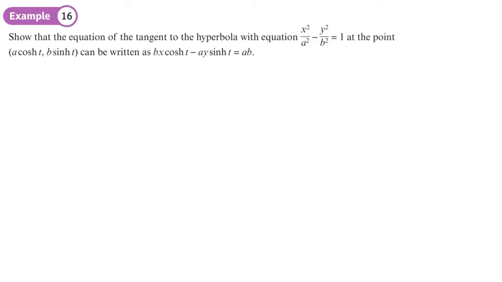Show that the equation of the tangent to the hyperbola with this equation here at this point, so that's using the hyperbolic version of the coordinates, can be written like this. Now this was a result that I gave on the first slide, so as I said, you can be expected to prove it as well. Okay, so we're going to have to use parametric differentiation.